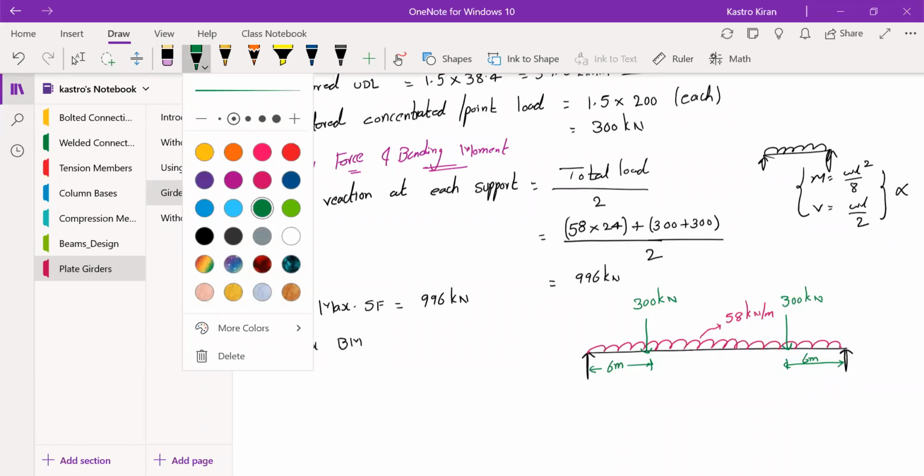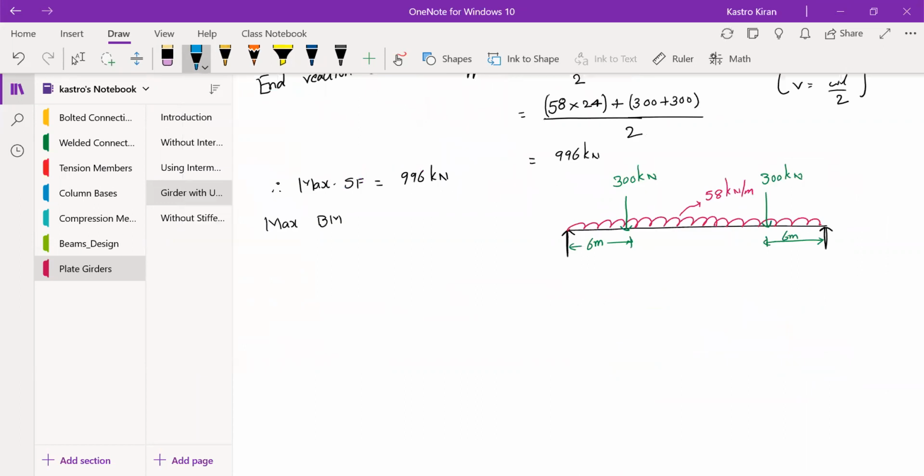Now here you have to mention the points in order to find out the maximum bending moment. I'm mentioning this as support A, this as support B, this is support C, and this is support D. As I was telling earlier, the maximum bending moment occurs at the center of the span.